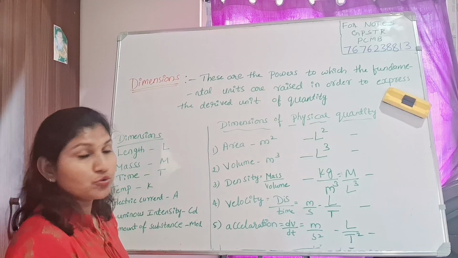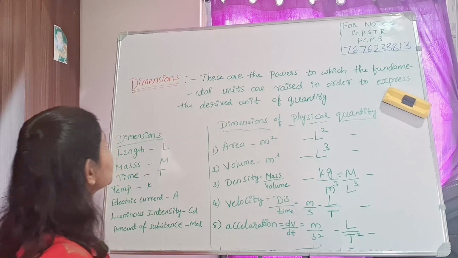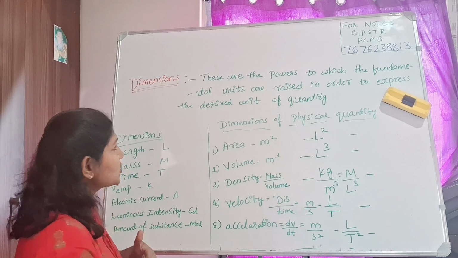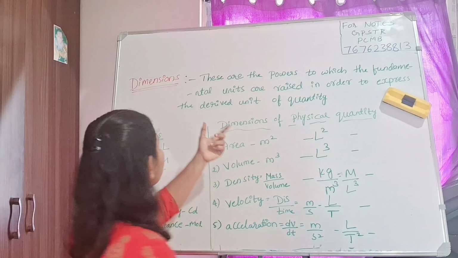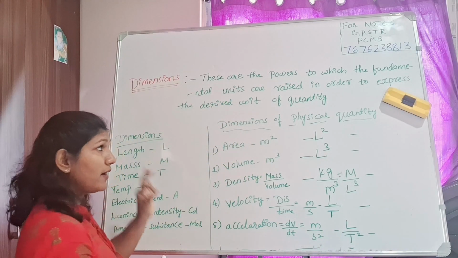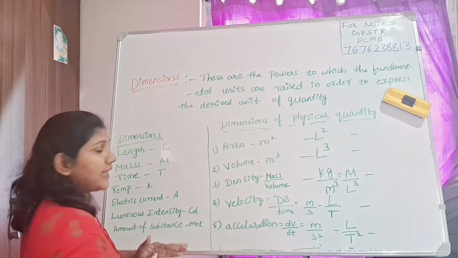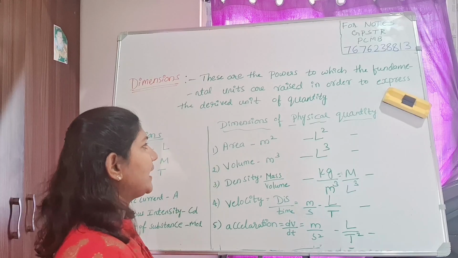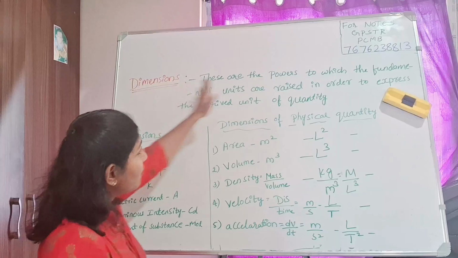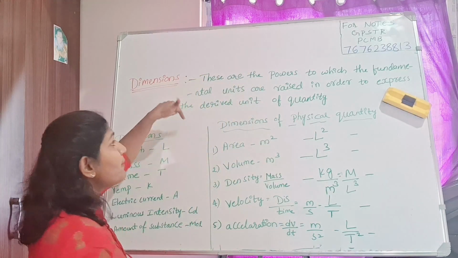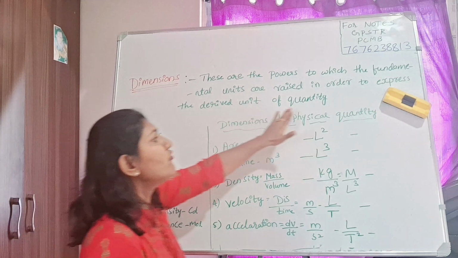Okay, next topic is dimensions. First of all you should know the definition of dimensions. What is dimension? Dimensions are the powers to which the fundamental units are raised in order to express the derived unit of a physical quantity.